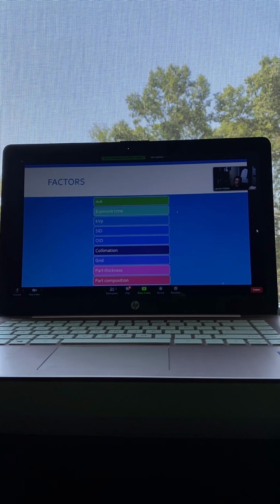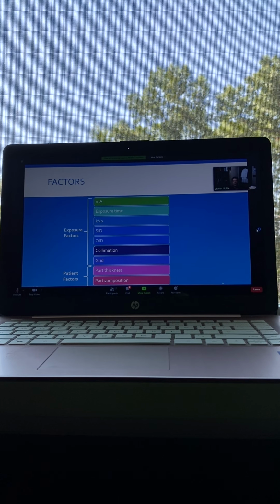So we've got these factors: MA, exposure time, KVP, SID, OID, collimation, grid, and part thickness. These are exposure factors, right? These are things that we can control, we can manipulate. In terms of patient factors, we really can't manipulate these. Now, we can a little bit in terms of part composition.